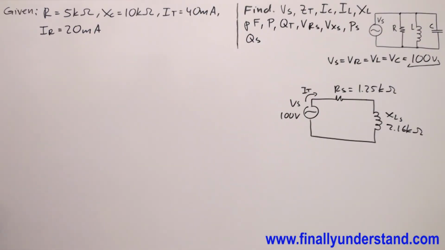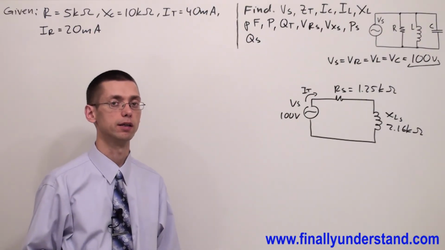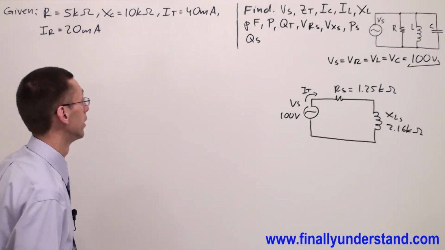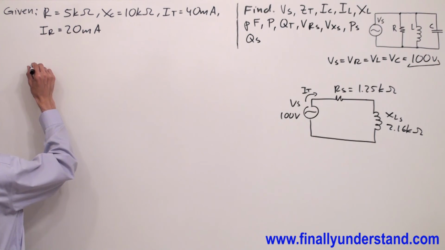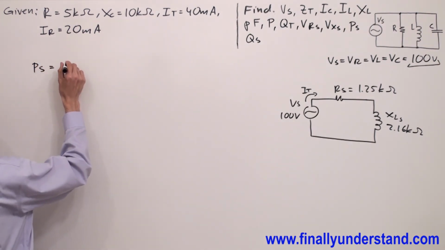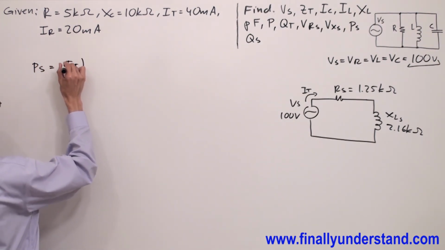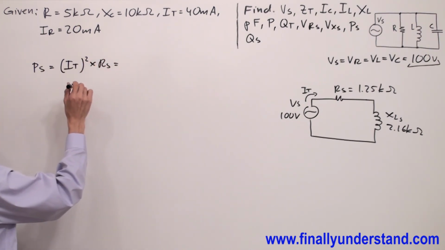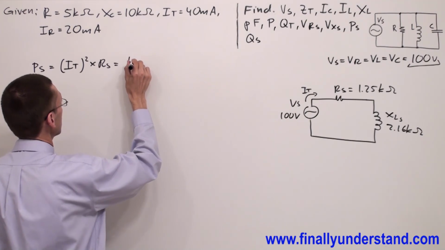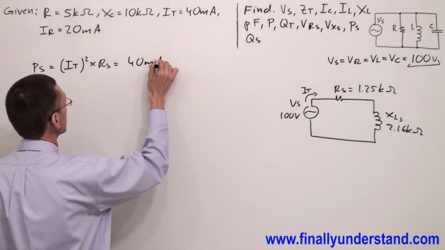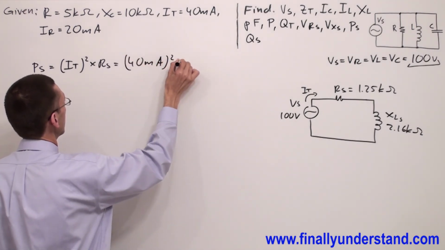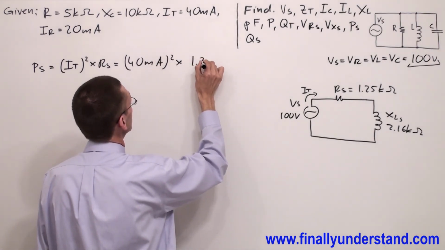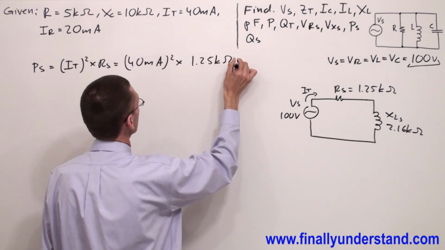Now we are ready to find the true power and reactive power in the series equivalent circuit. So PS is equal to I total squared times RS, where I total is equal to 40 milliamps raised to the second power times RS, 1.25 kiloohms.